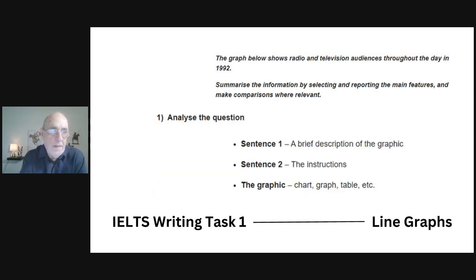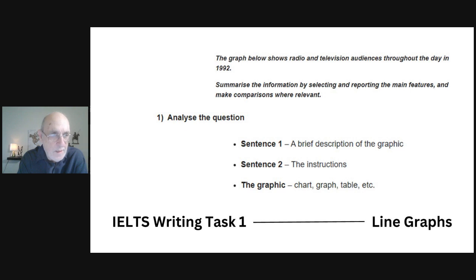So really, when we look at the question, we want to see that we do have that brief description of the graphic. This is going to come in handy because this will also help us when it comes to writing the introduction.